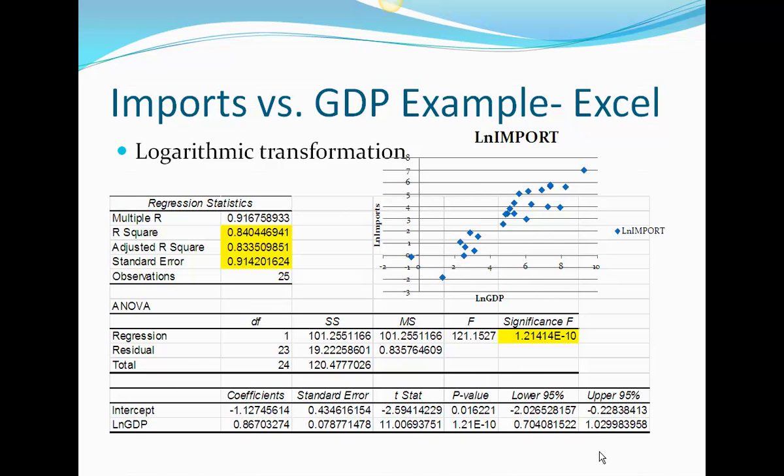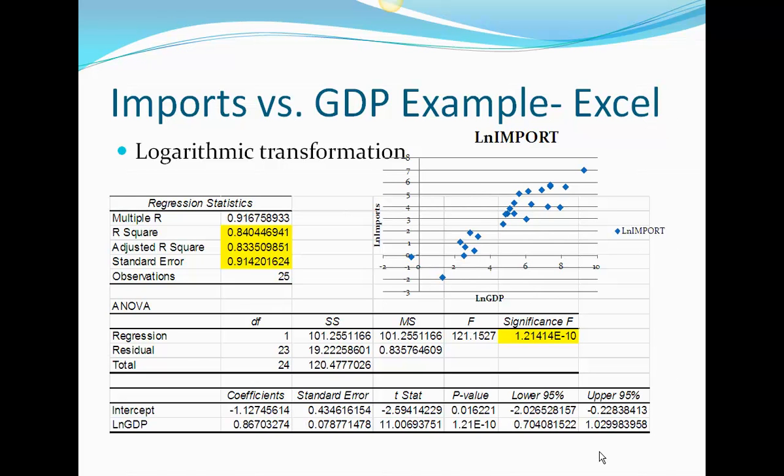So I wouldn't say for every 1 unit increase in GDP, imports are expected to increase by 0.87. No, I would say for every 1 unit increase in GDP, or for each additional dollar in GDP, imports are expected to increase by 18.29. The way I got that was by taking that exponential.